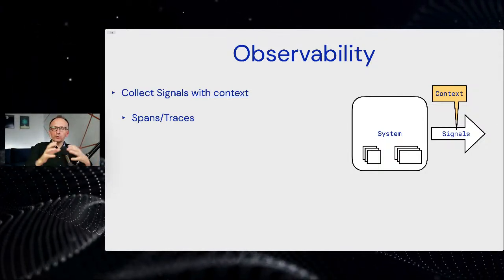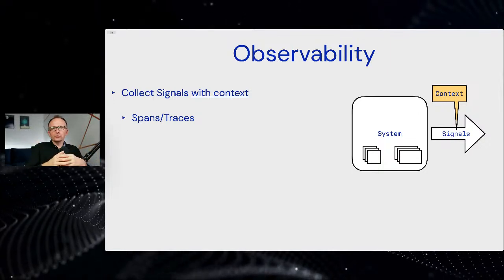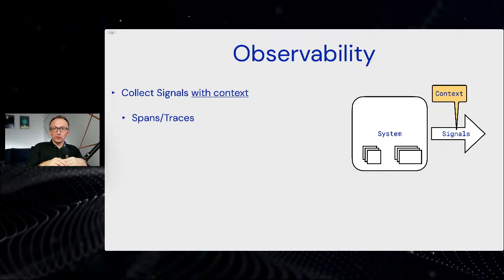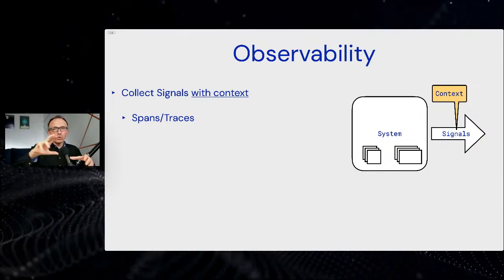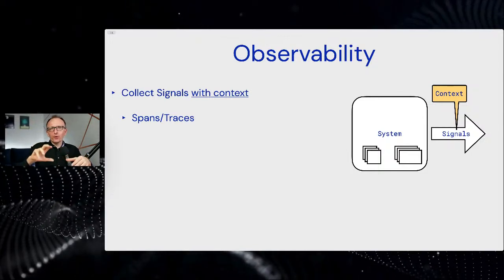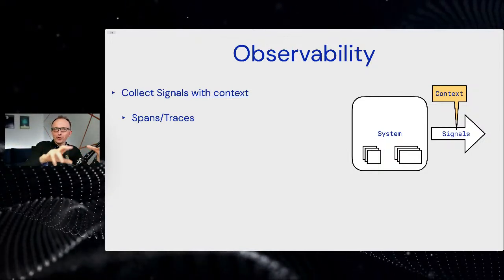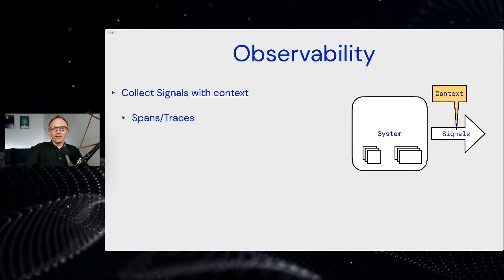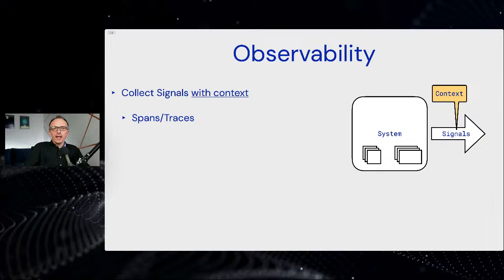And those spans can be combined into something we call traces. Those traces can include spans from multiple applications, for example, from multiple microservices and your monolith or legacy software running inside your platform.